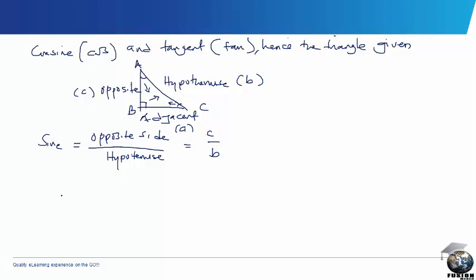And then the cosine is given as the adjacent side divided by the hypotenuse.